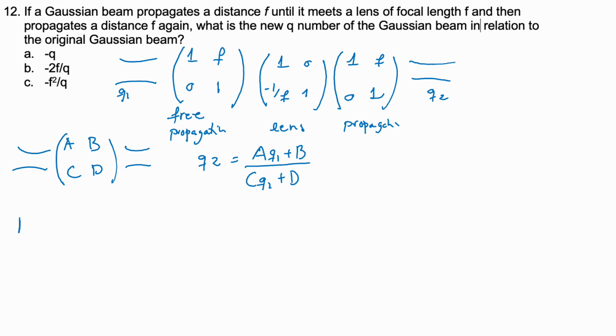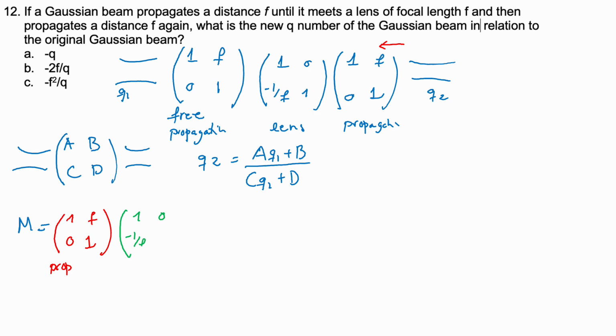And remember, when we write the system, we're going to write it in reverse, going from the right to the left. So we're going to have first [1 f; 0 1]. So this is going to be my second propagation, and now we're going to have our lens.